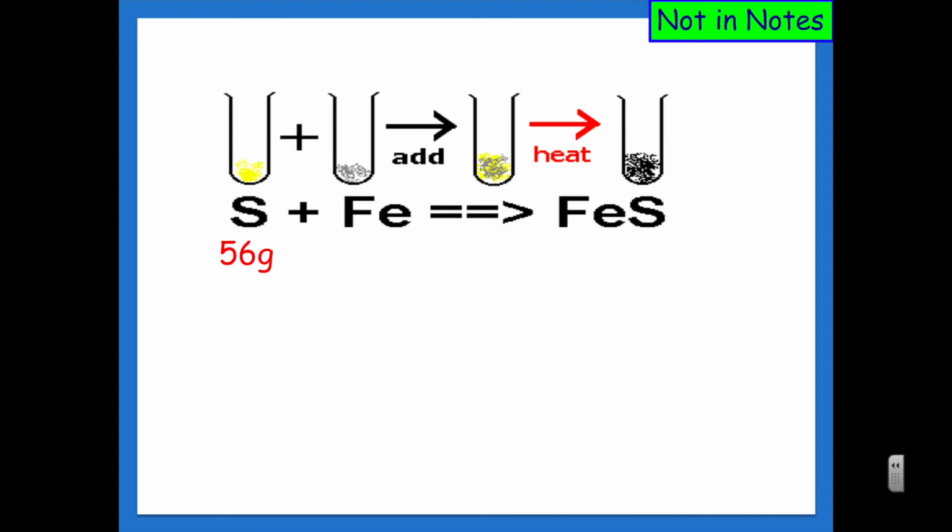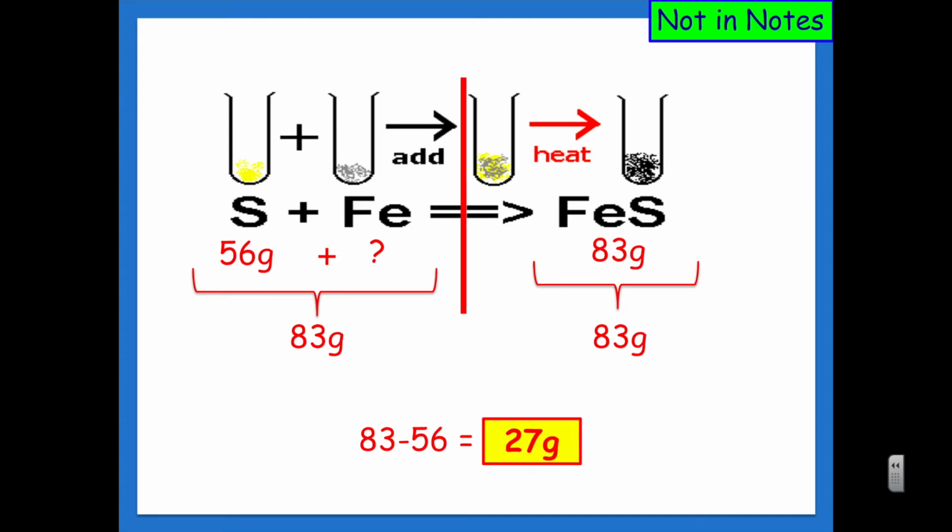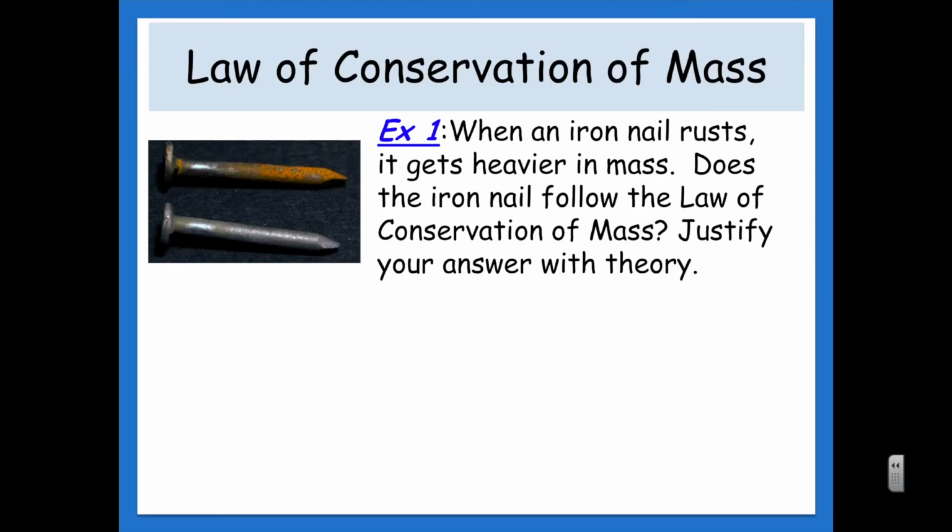One more, we've got sulfur, and we don't know the mass of the iron, and it makes a mass of 83 grams of iron sulfide. That is a precursor to gunpowder, by the way. And so on the left side, it's got to be 56 plus x equals 83. That's a way to think about it. So the left side must equal 83, so 83 minus 56 is going to be 27.